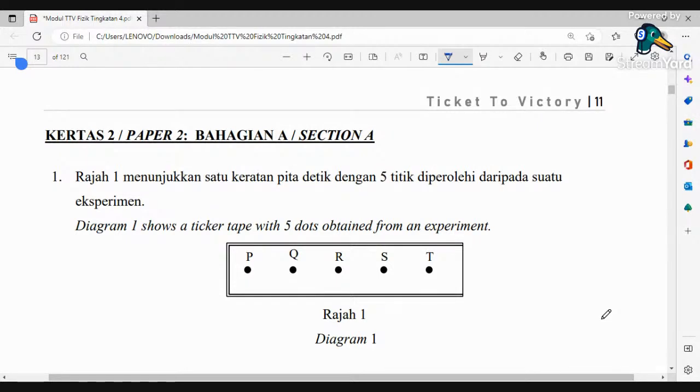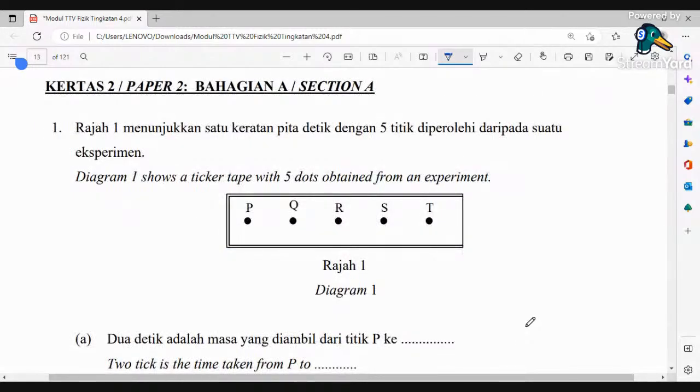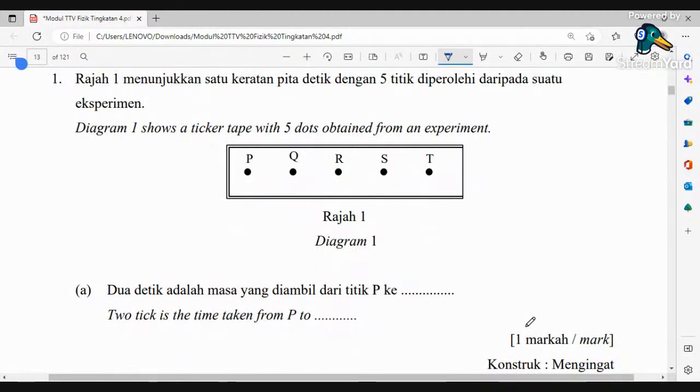Section A. Number 1, the diagram shows a ticker tape with 5 dots obtained from an experiment. The question: 2 ticks is the time taken from P to where? What is the meaning of 1 tick?